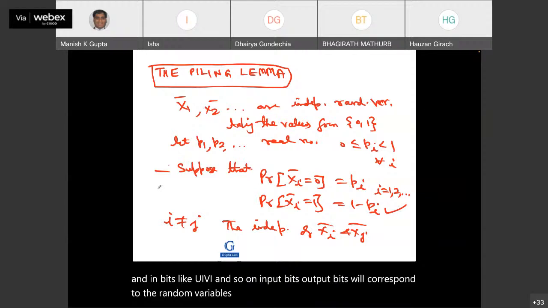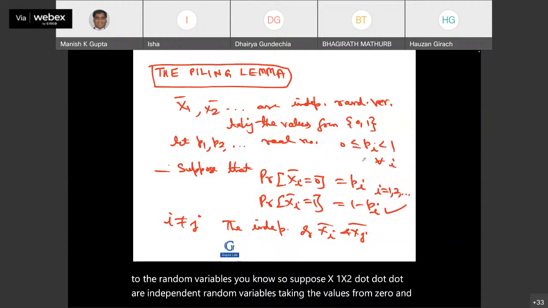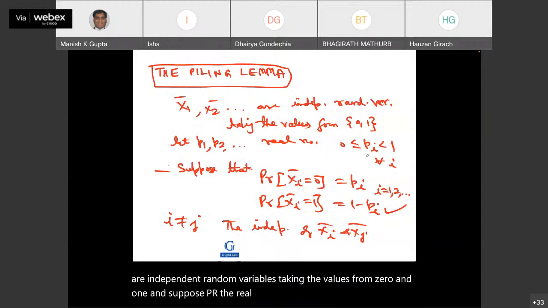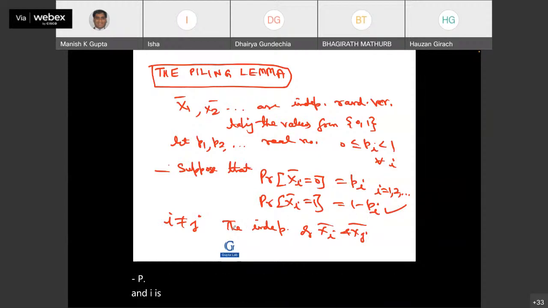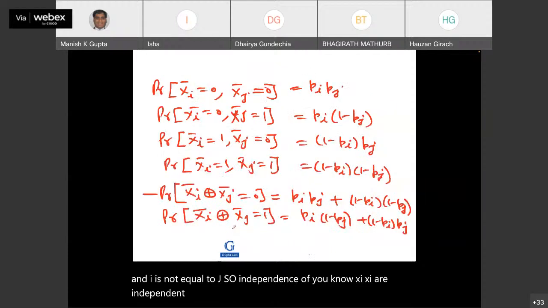Suppose x1, x2, and so on are independent random variables taking values from 0 and 1, and suppose pi are real numbers between 0 and 1. Suppose the probability that xi is equal to 0 is pi and xi is equal to 1 is 1 minus pi, and i is not equal to j, so xi and xj are independent variables.